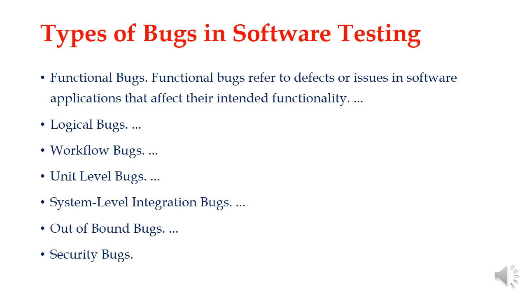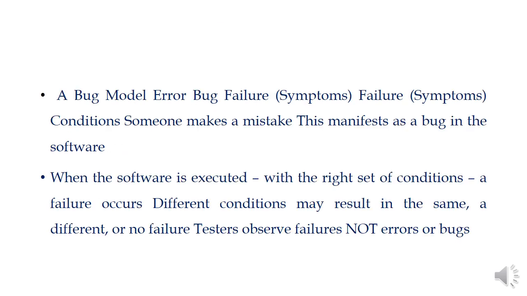Workflow bugs: the workflow may be incomplete or may not correlate with the intended workflow. Unit level bugs may be related to the system level component, the chip level or the program level. The integration will have its own bugs. Then out of bound bugs, for example array index out of bound. Then security bugs will be there.